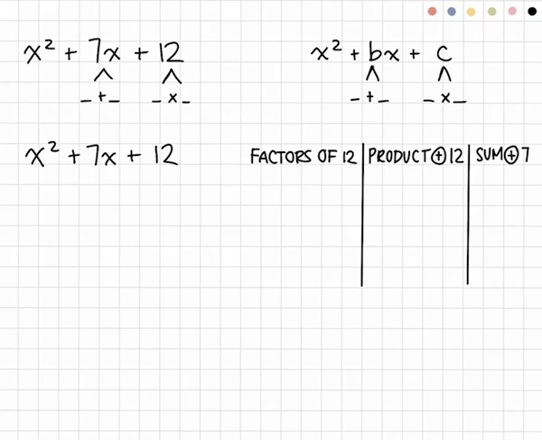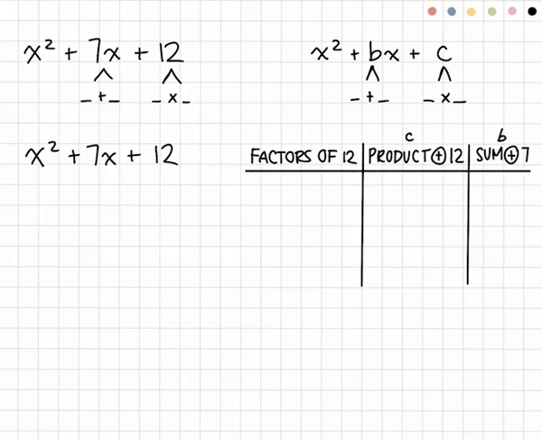So this is b, this is c, and this is b here, right? The reason I put the positives in circles there is because it's important to pay attention to the signs, especially when negatives come into play. In this case, we're working with two positive signs, so I know that both my numbers have to be positive.